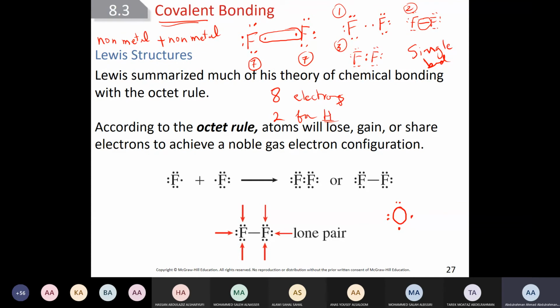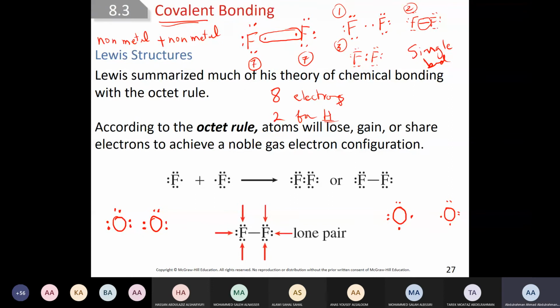How about the other oxygen? 1, 2, 3, 4, 5, 6. Now, if they share the electrons, how can we make them share 8 electrons? They will share it like this. We will put 2 electrons, and 2 more, and each O with 2 electrons, 2 electrons, and 2 electrons.